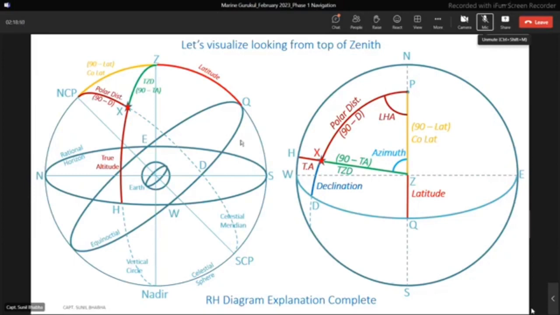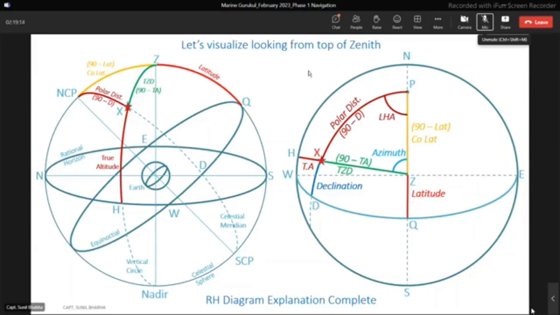If they have given you the azimuth of the body, let us say 280, you know W point is 270, N point is 360. So 280 has to be slightly above the W point here. So given the azimuth, you can mark the H point as required in the diagram.